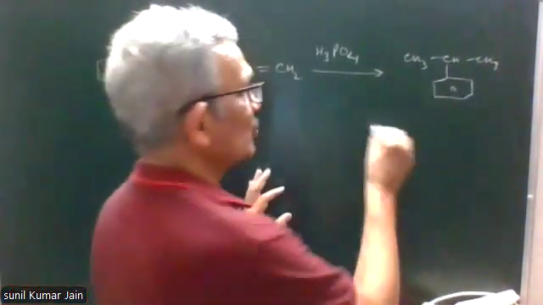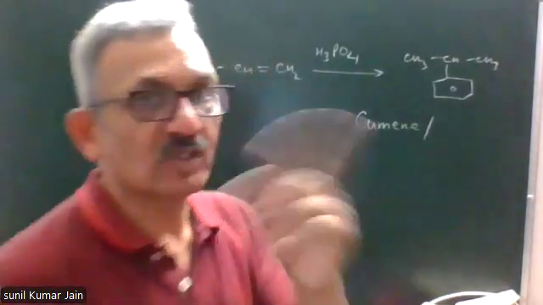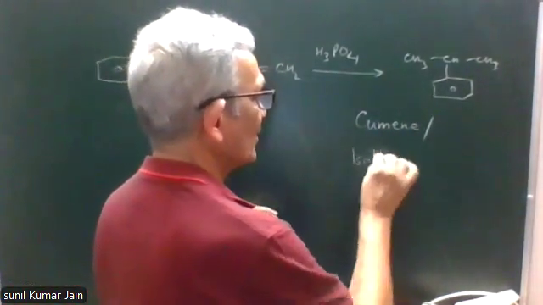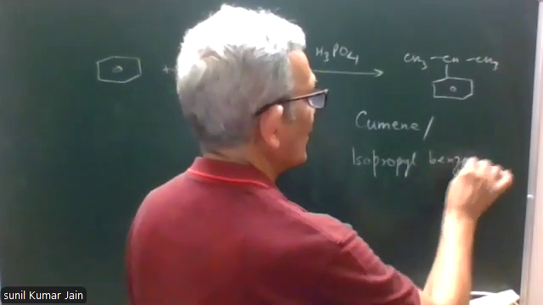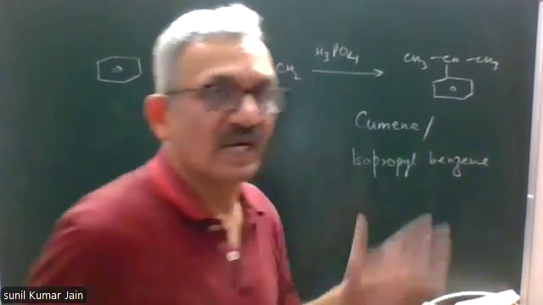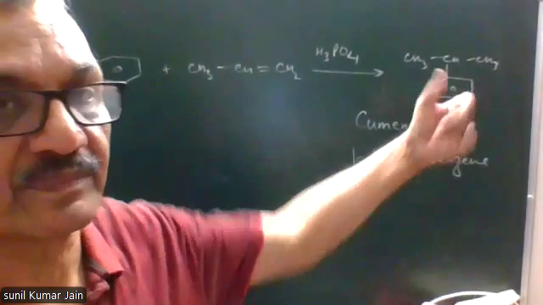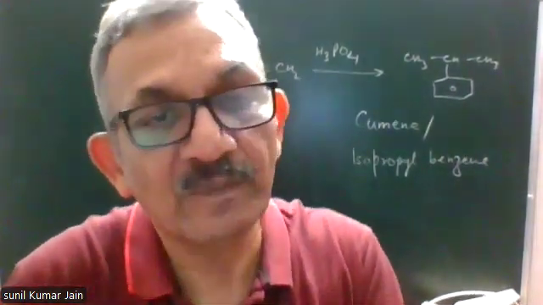Product obtained is cumene. Another common name is isopropyl benzene. IUPAC name is simple, 2-phenyl propane.